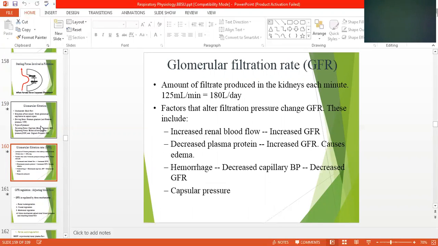Glomerular filtration rate: the amount of filtrate produced in the kidney each minute, 125 ml per minute. It means 180 liters per day. 180 liters means about 18 bottles of filtered water.